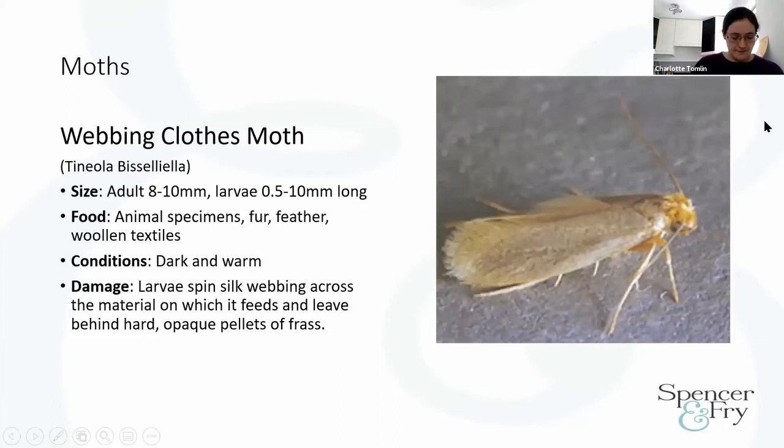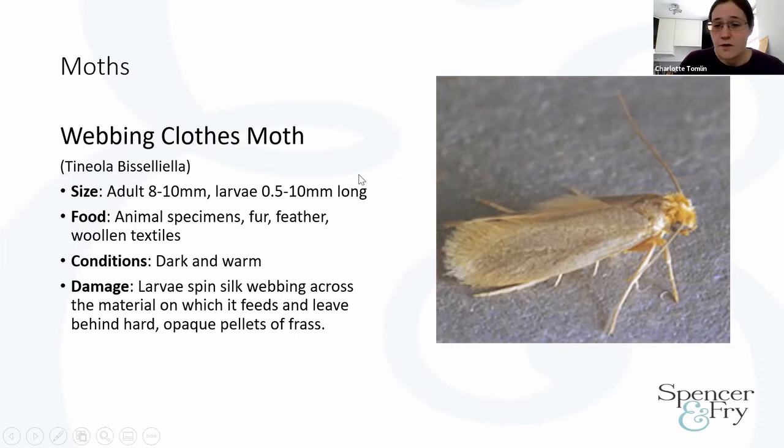Okay, let's move on to moths. So these have the different life cycle that I was talking about before. So slightly different in that they cocoon rather than pupate, but again, it's the larvae that do most of the damage.